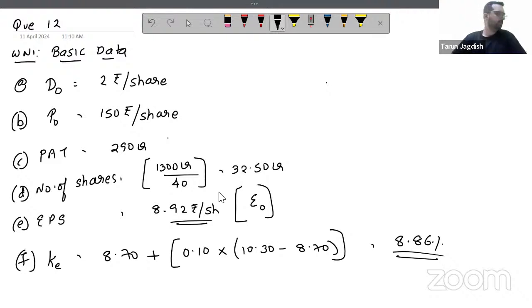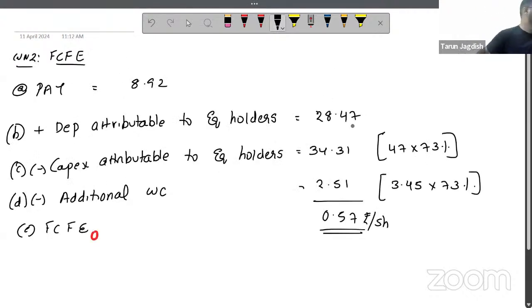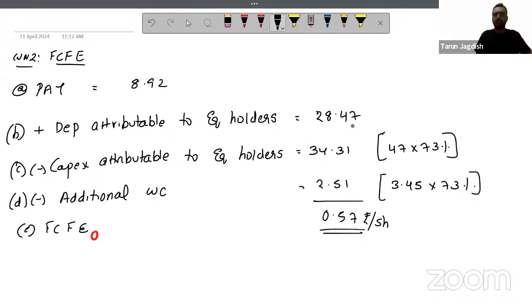Next page, Gayatri. One minute. Sure, Gayatri, no worries.